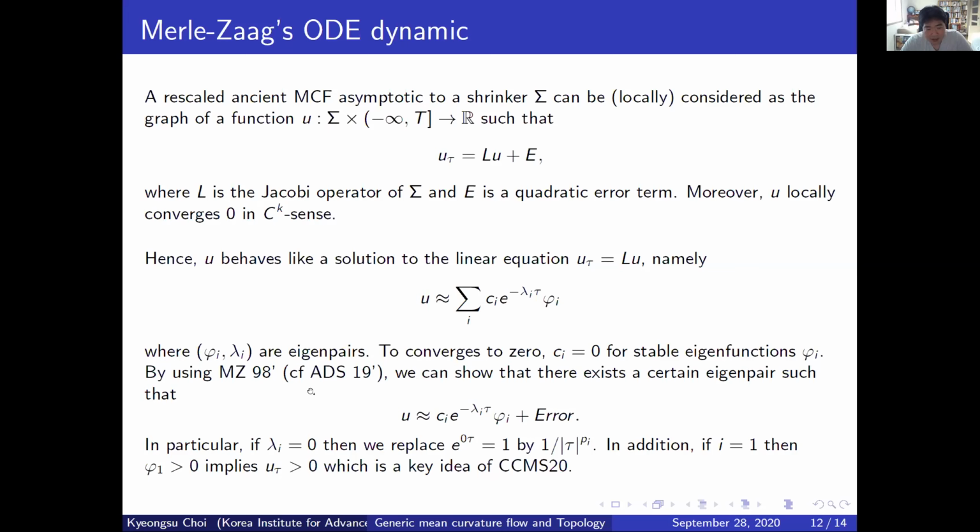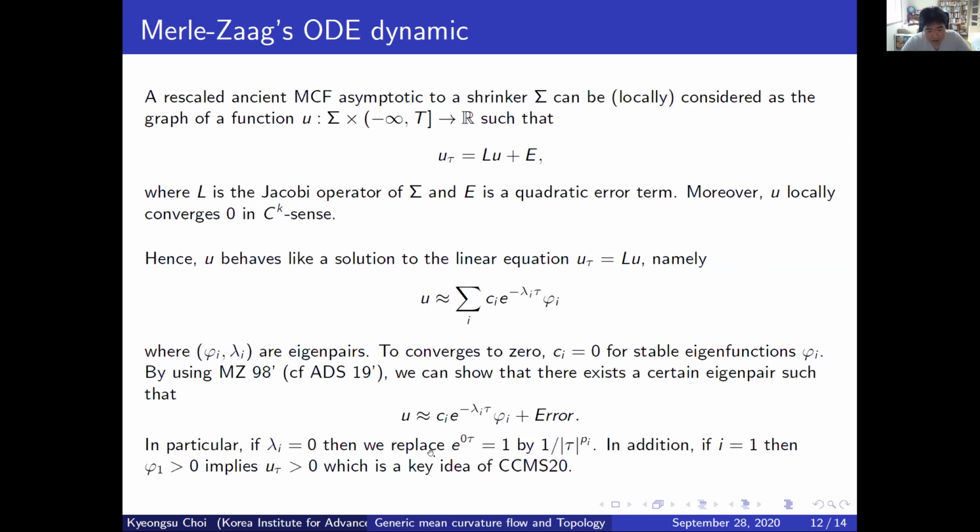We expect this U converges to 0. So this C must be 0 when this phi is stable, because it goes to infinity as tau goes to negative infinity. By using the Merle-Zaag ODE lemma, which ADS figured out we can use, ADS is a kind of pioneer of this spectral point of view of ancient solutions.